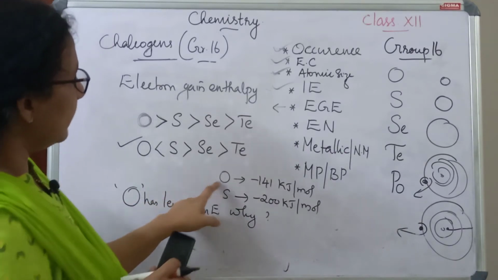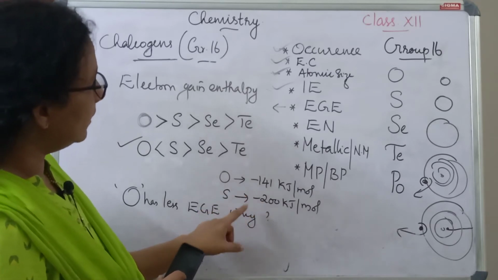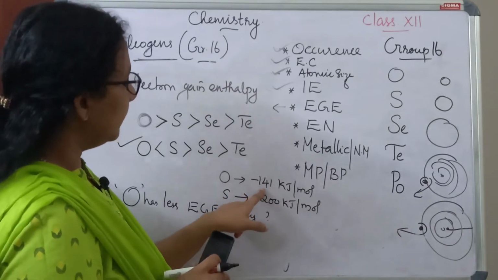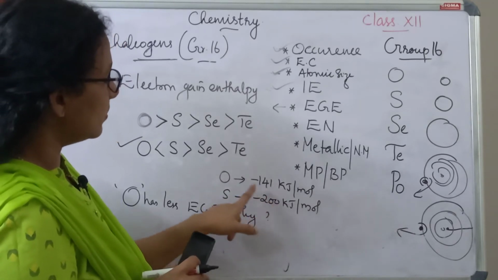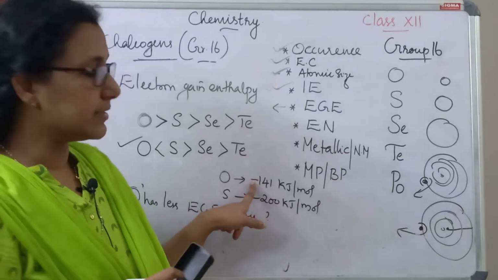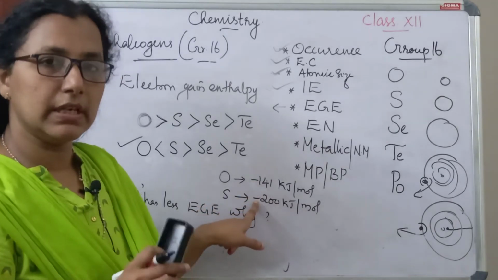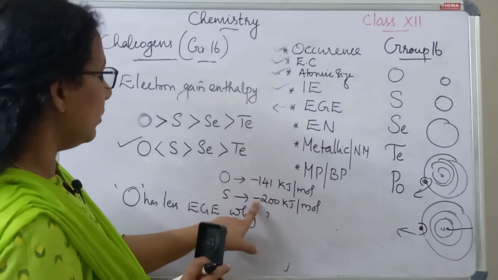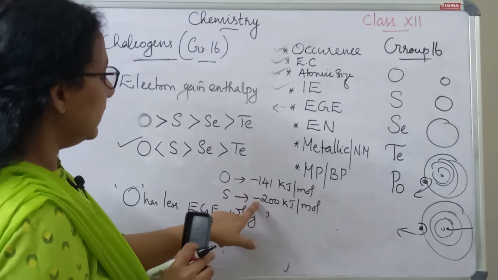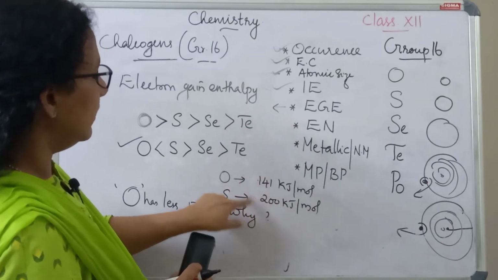Oxygen has less electron gain enthalpy than sulfur. We need to consider the number only, so we don't mind the negative value. The negative value indicates that energy is being released. That is the only point we get from the negative sign. But we need to check the number.